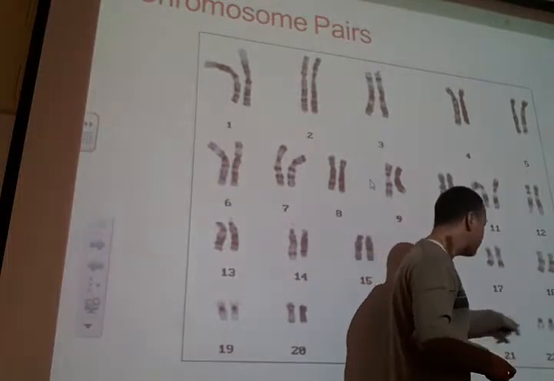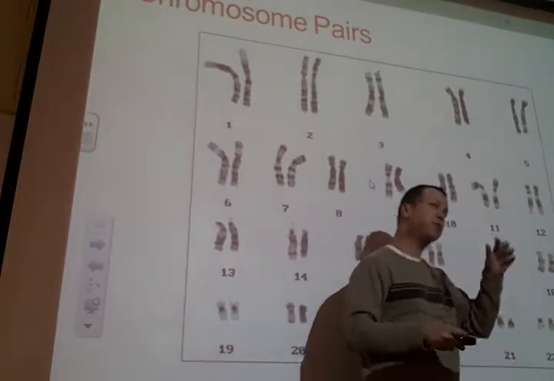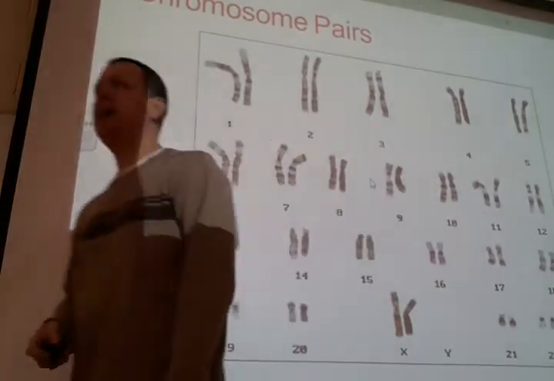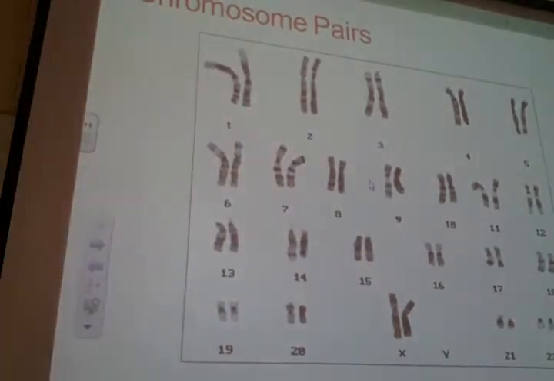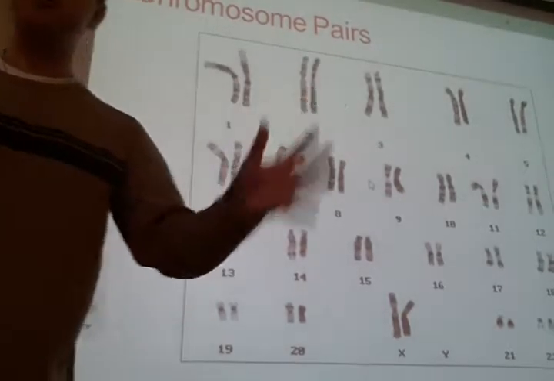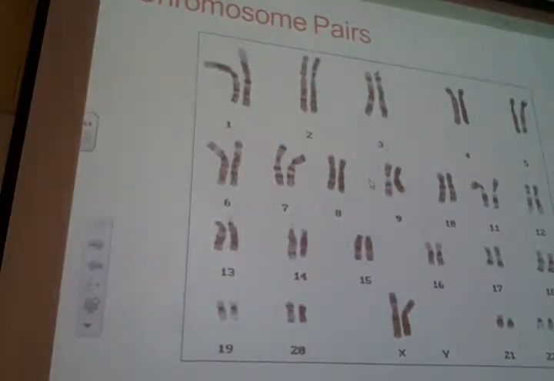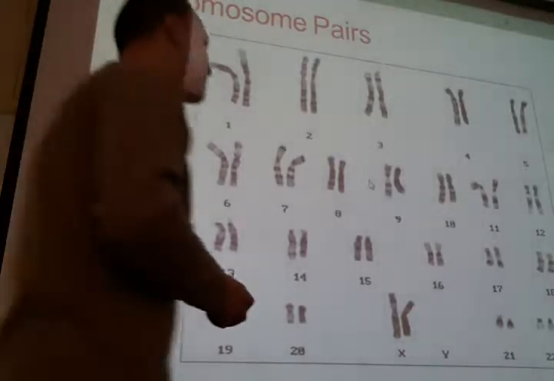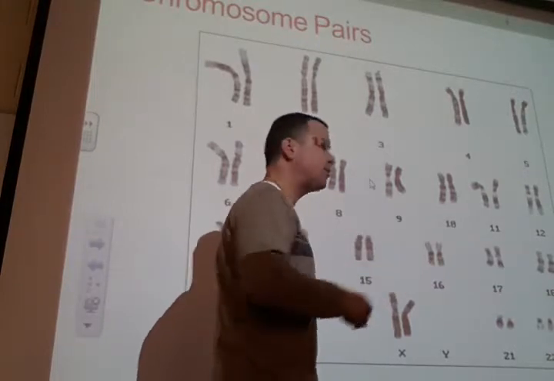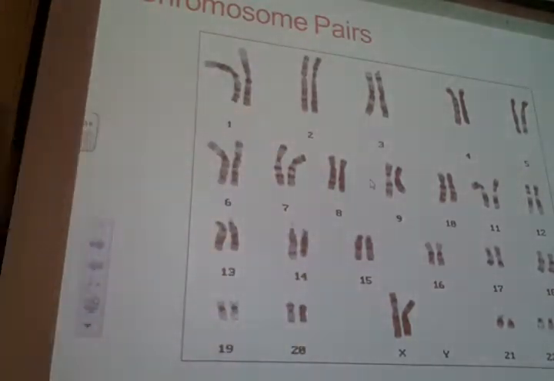So it turns out that even though 22 under the microscope looks the smallest, actually chromosome 21 is the smallest chromosome, but this numbering system had been in effect for like 100 years at least, and we're not going to go and start changing the numbers of chromosomes, so it's just a little historical hiccup. But in case you're ever on Jeopardy, the smallest human chromosome is actually chromosome 21.